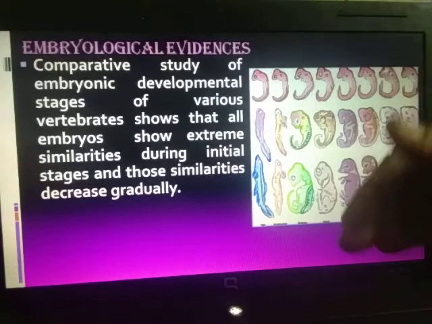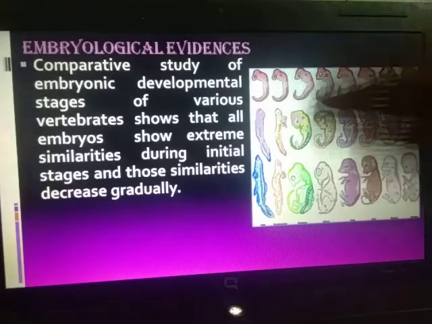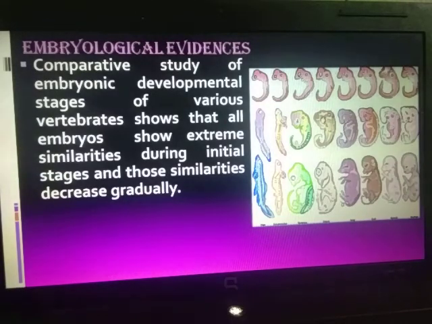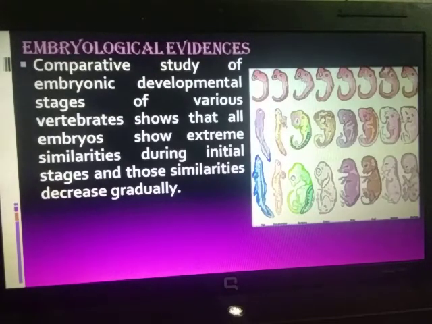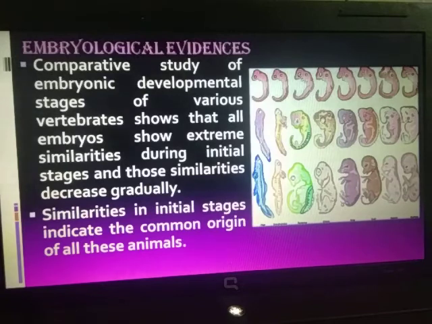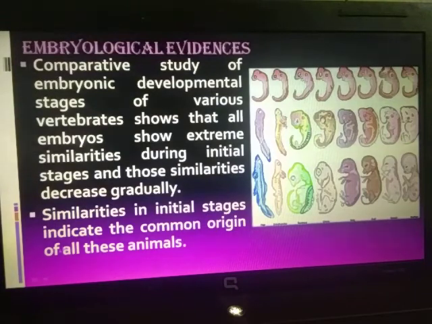Of course they are present in aquatic animals, but terrestrial animals lose them. But the embryological development in the initial stages is similar, and therefore we can say that similarities in initial stages indicate a common ancestry. Fine. So this is regarding the connecting links and the embryological evidences.